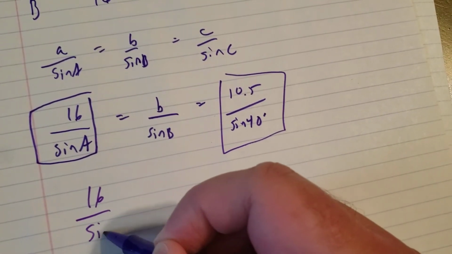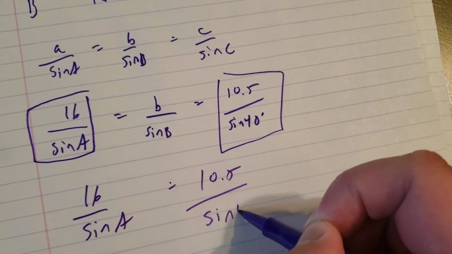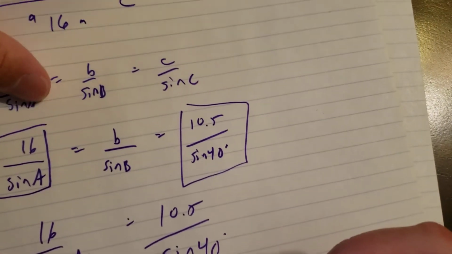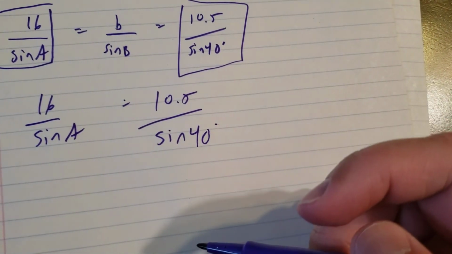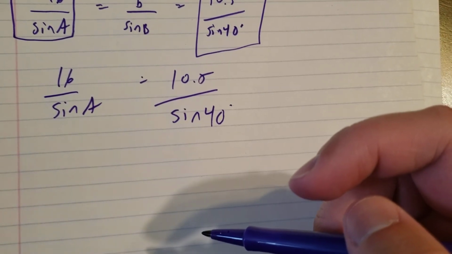Okay, so I'm going to write this down here now. I will find out what the sine of 40 degrees is. That's pretty easy to punch in my calculator. I just hit sine 40 or 40 sine, depending on how your calculator works.